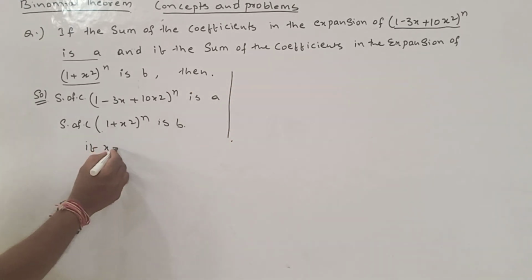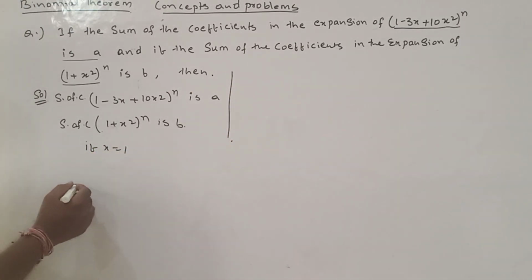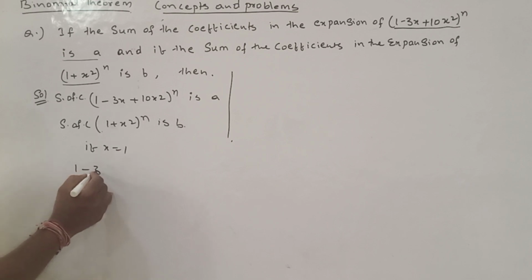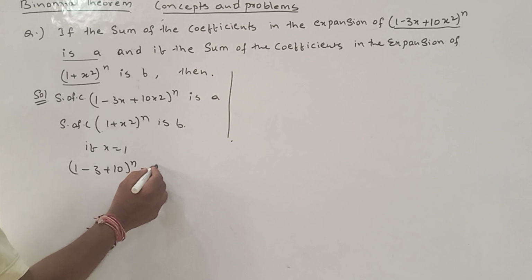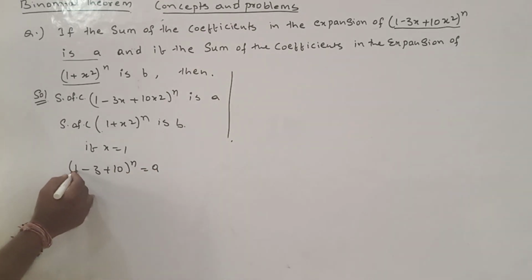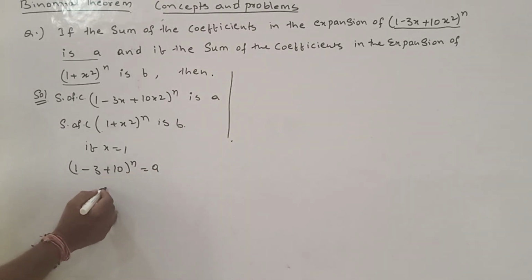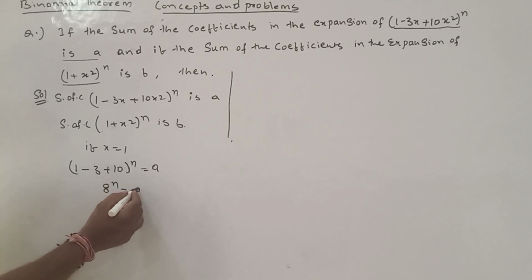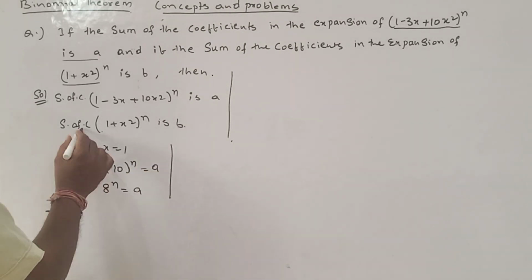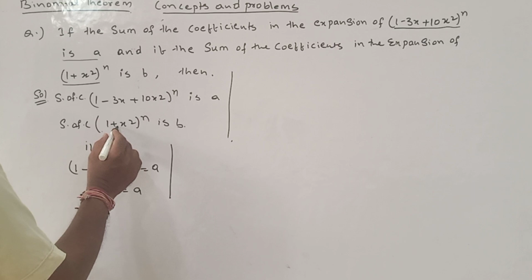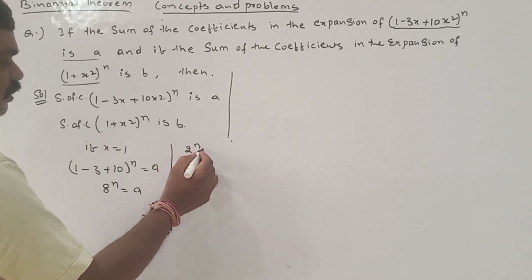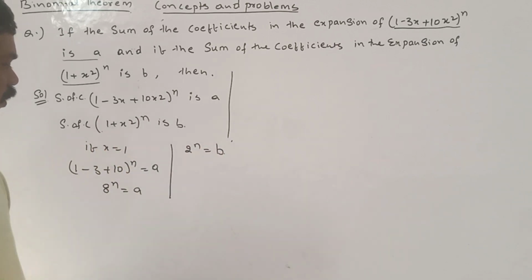If x is equal to 1, then (1 minus 3 plus 10) whole power n is equal to a. That is 1 minus 3 plus 10, which is 8, so 8 power n is equal to a. In the other, 1 plus 1, 2 power n is equal to b.